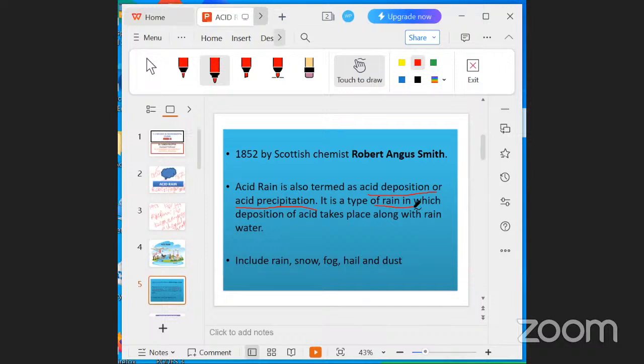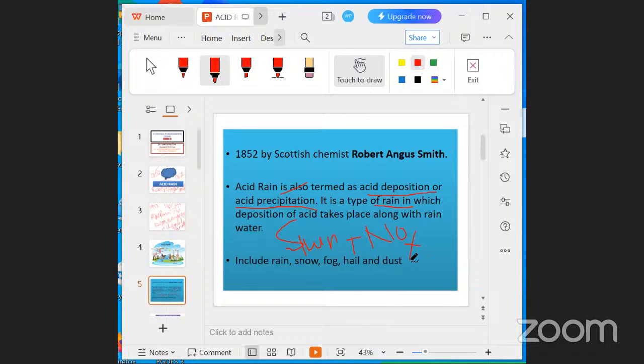It is a broad term that includes any form of precipitation with acidic components such as sulfuric or nitric acid, that falls to the ground from the atmosphere in wet or dry forms.